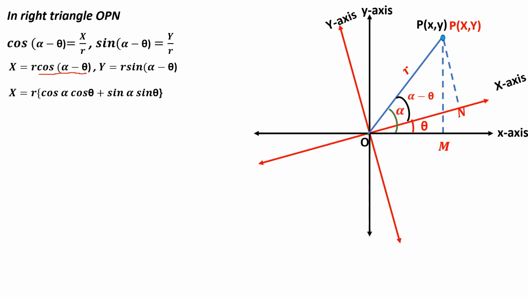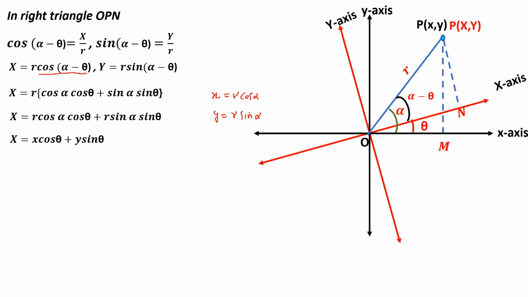Multiply R with both these terms and we get capital X is equal to R cos alpha cos theta plus R sin alpha sin theta. We have already proved that small x is equal to R cos alpha and small y is equal to R sin alpha. So replace these values and we get capital X is equal to x cos theta plus y sin theta. Rearrange it and write it as capital X is equal to cos theta x plus sin theta y.